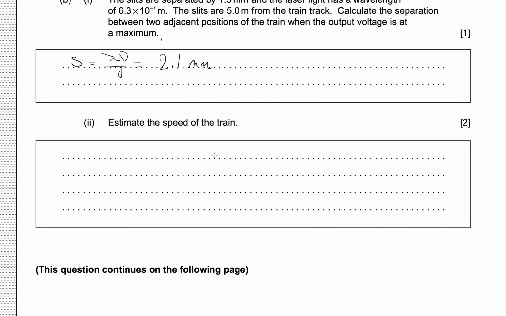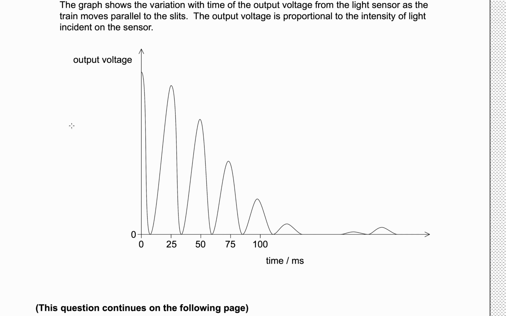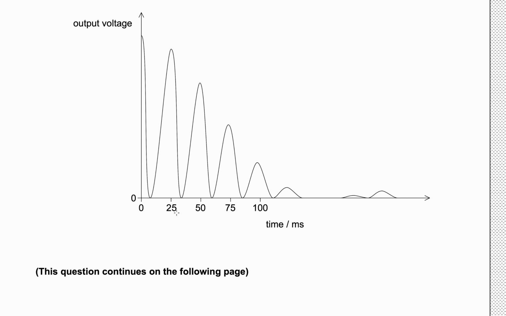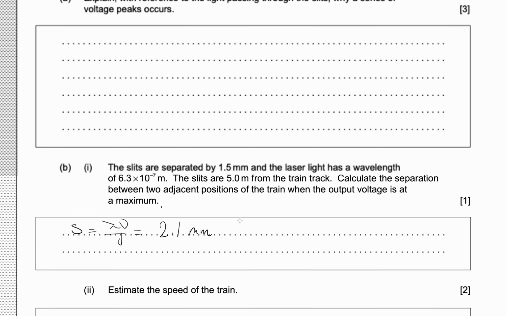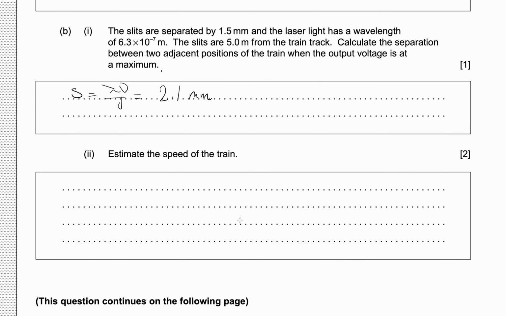Now we're told to estimate the speed of the train. You can check from the graph, and you can see that the period is almost 25 milliseconds. So v = Δx/Δt.